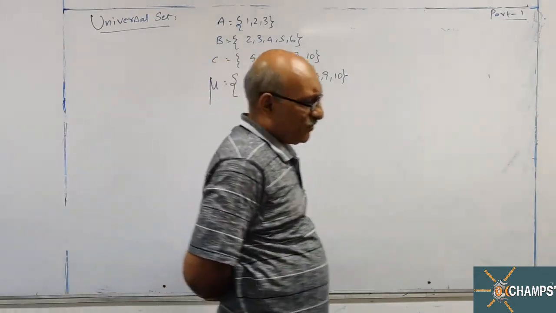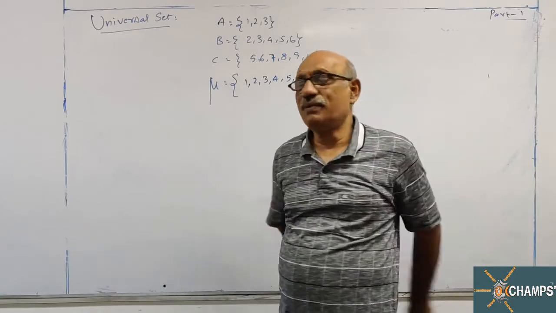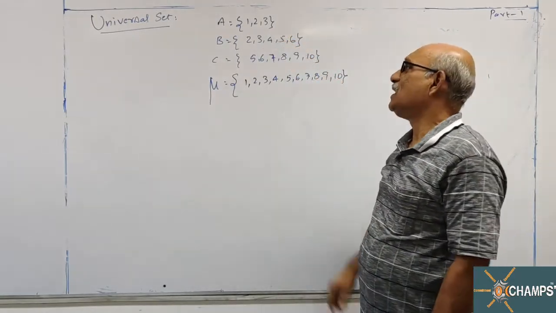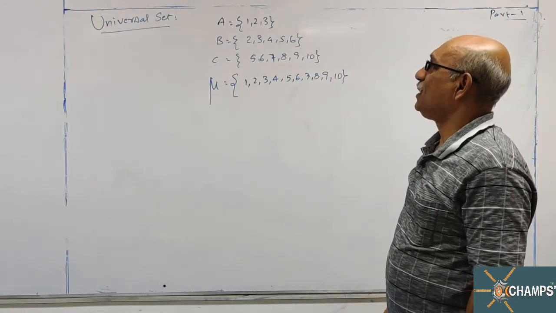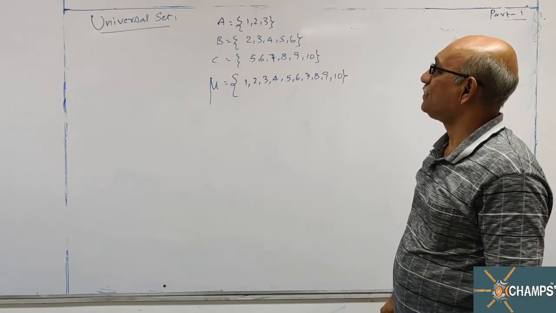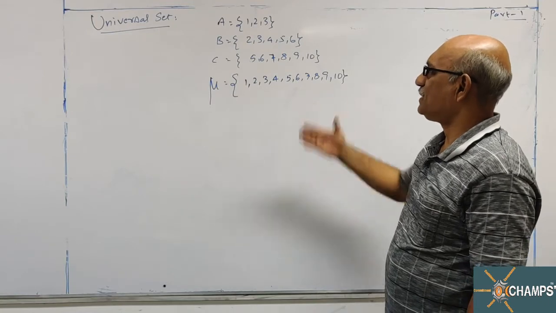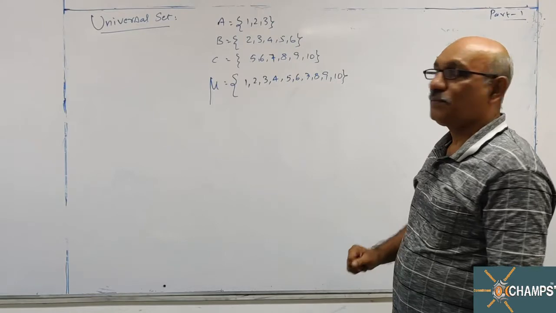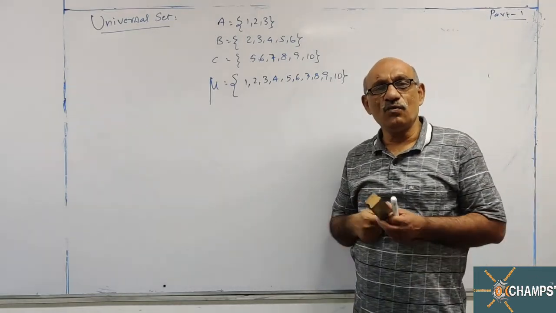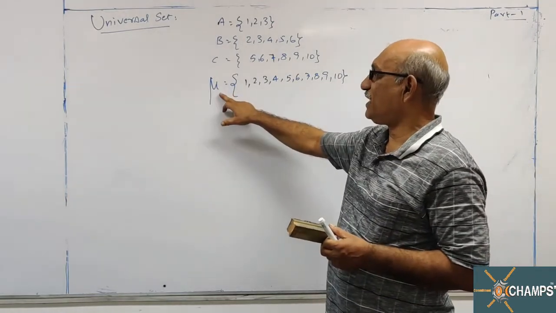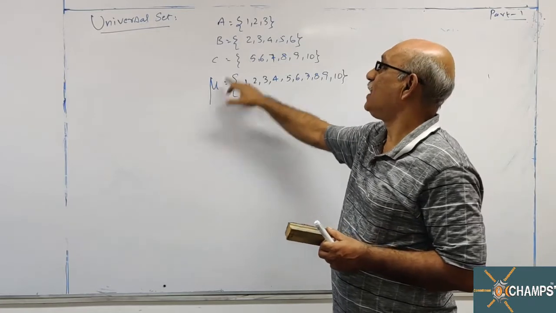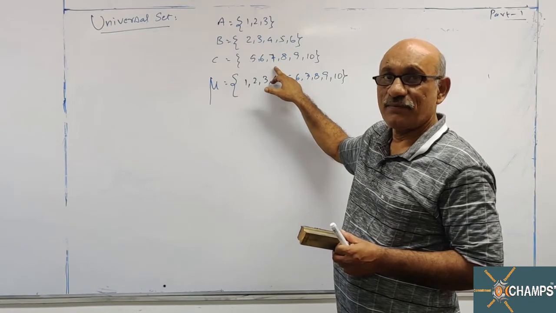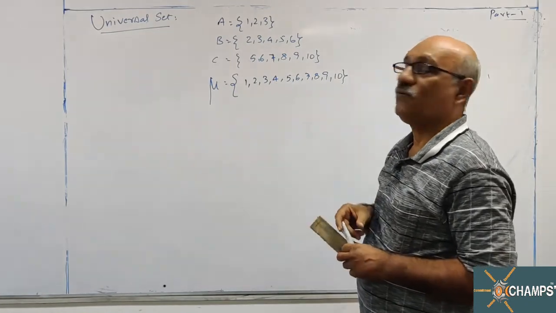To define a universal set, let us consider an example. Set A is having 3 elements 1, 2, 3. Set B is having elements 2, 3, 4, 5, 6. It is having 5 elements. Then I have a set C: 5, 6, 7, 8, 9, 10. Now I want to define a universal set. So a universal set is a set which contains the elements of all the given 3 sets in this context. This is called a universal set.